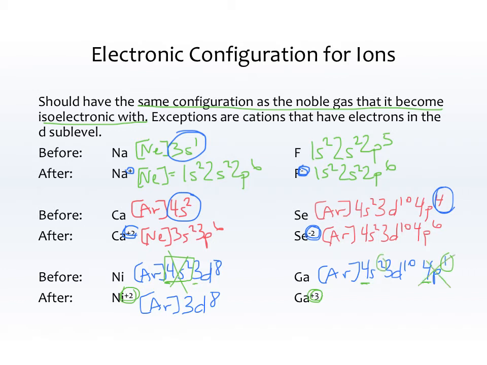So that's going to go away, that's going to go away. We will be left with Ar 3d10. And in this case, both of these two guys do not become isoelectronic with a noble gas, because although they have the configuration of the noble gas, they also have d electrons. So just be aware of that.